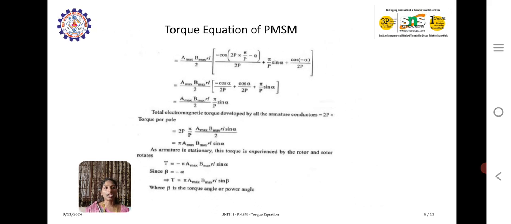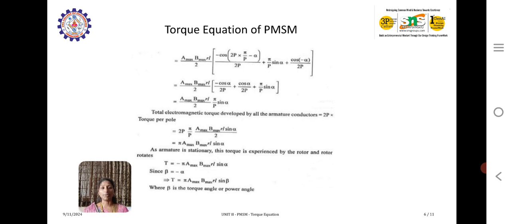For this, let us consider two poles, so the above equation is multiplied by 2P. The final torque equation is expressed as pi A max B max R L sin alpha. This is the final torque equation of the permanent magnet synchronous machine.